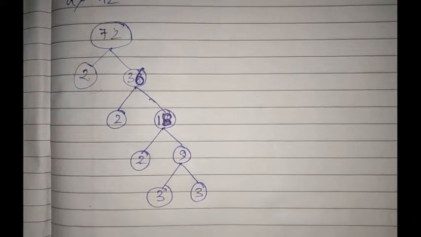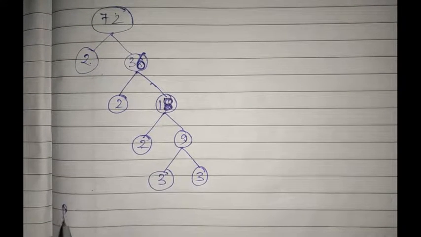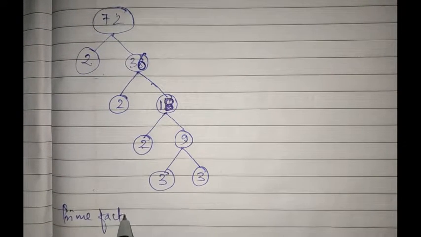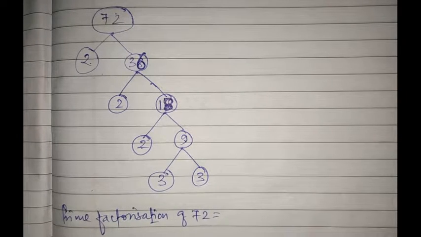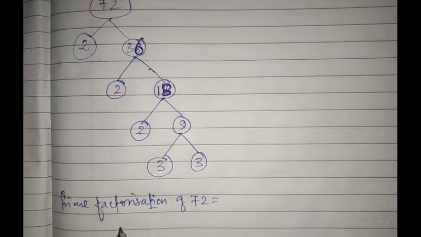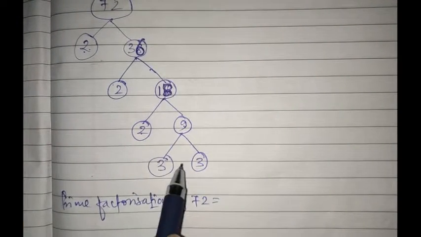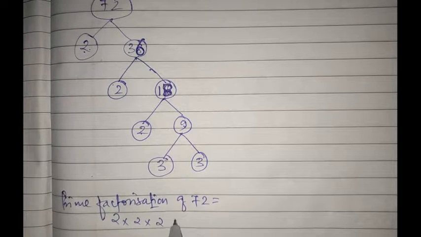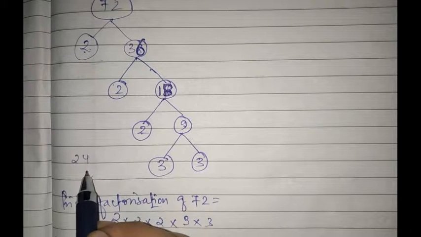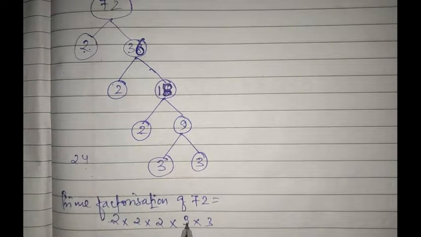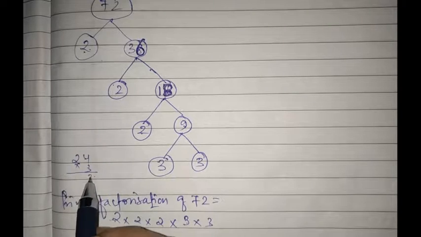So what are the prime numbers you can see? So the prime factorization of 72 is 2 into 2 into 2, then 3 into 3. 2 times 2 is 4, 4 times 2 is 8, 8 times 3 is 24, 24 times 3 is 72.